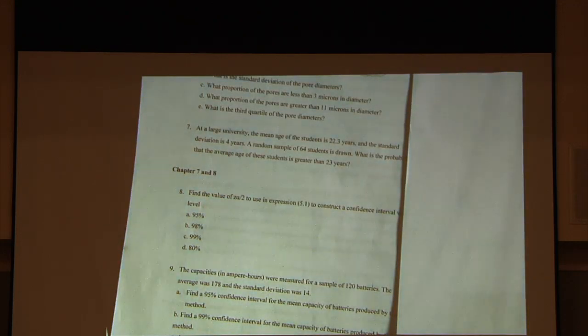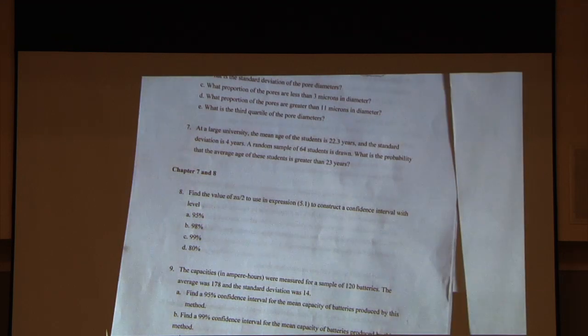Right, so for this question, at a large university, the mean age is 22. What's the probability that the average age of these students is greater than 23? So how do you approach this problem when you don't know a lot? What do we know, though? Standard deviation, the mean.